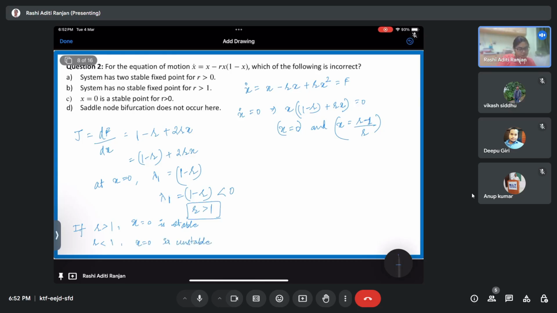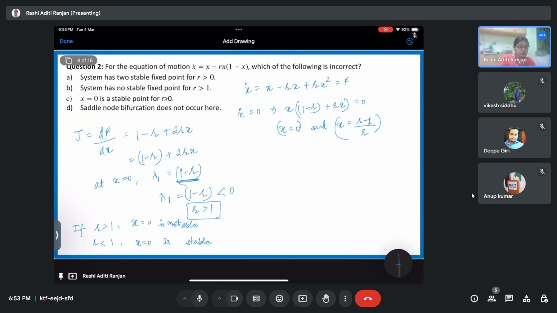This you can also see directly, right? Like if my r is less than 0, what is going to happen? Okay, wait. This should be unstable, and this is stable. I've written the opposite actually.